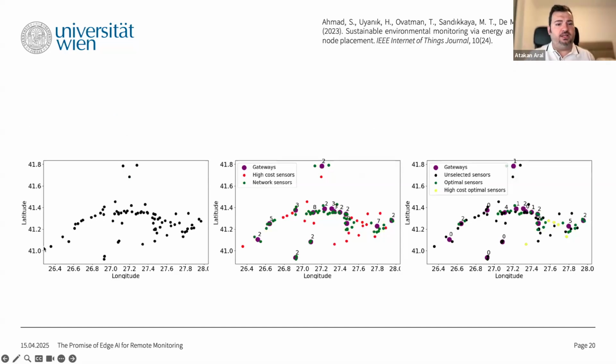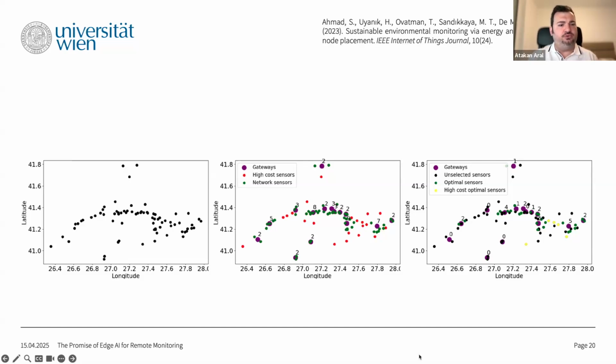So here is an example from the Ergene River, where we had the initial deployment of, I think, 75 sensors, which we assumed was the initial deployment, and placed gateways to cover these sensors because they need to transmit their data in real time. And then we ran our optimization algorithm to reduce the number of sensors and gateways.